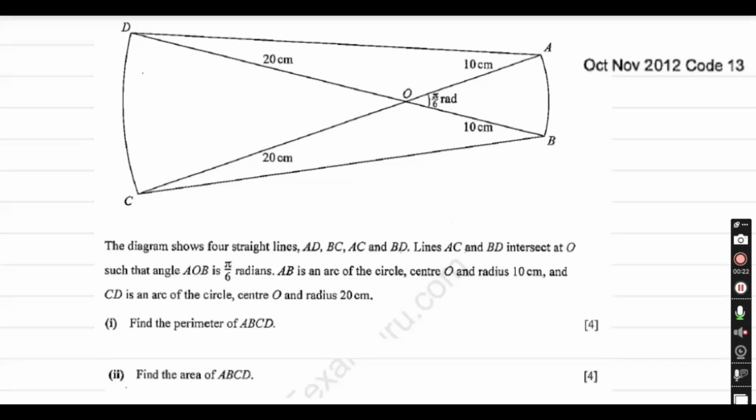This question appeared in the October-November 2012 paper 1-3. The diagram shows four straight lines AD, BC, AC and BD. Lines AC and BD intersect at O such that angle AOB is pi by 6 radians.